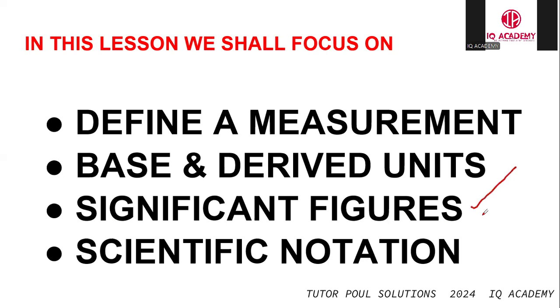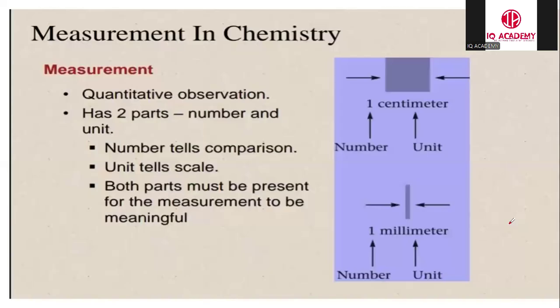I'm sure you are familiar with that term. You had physics, I think you also talked about significant figures. And then we move to scientific notation. Again, this is familiar from your high school or secondary school. So these are the objectives for this lesson.